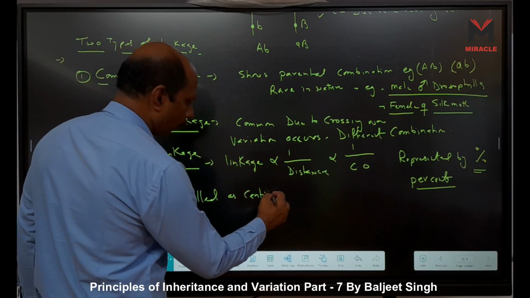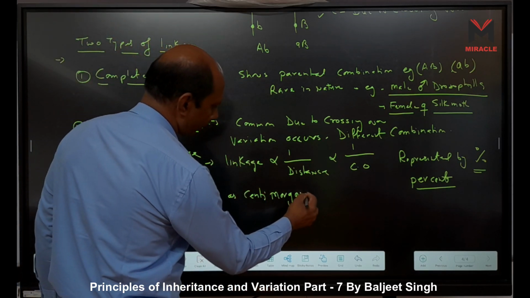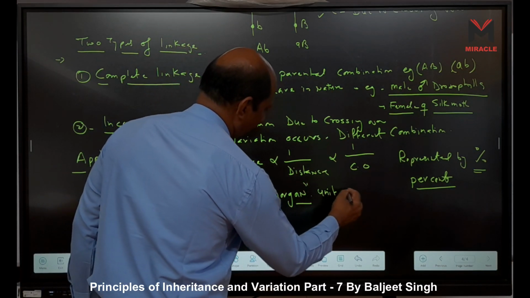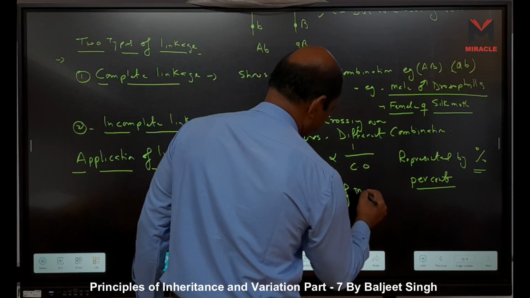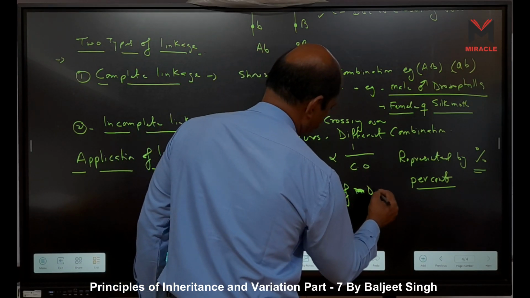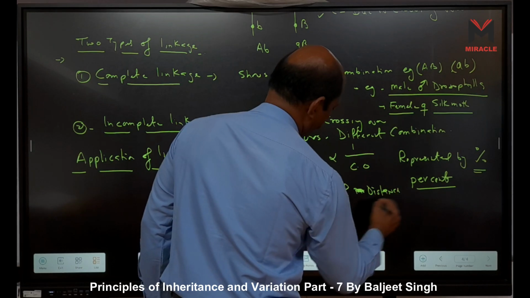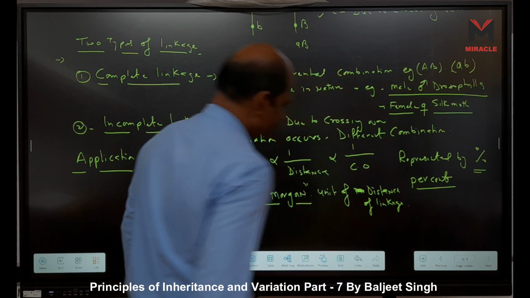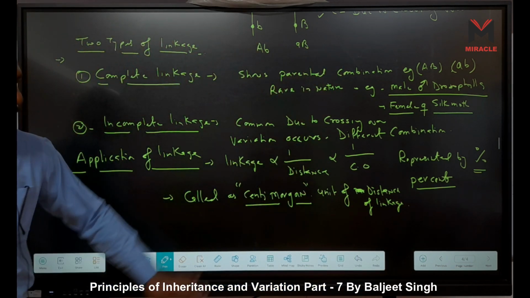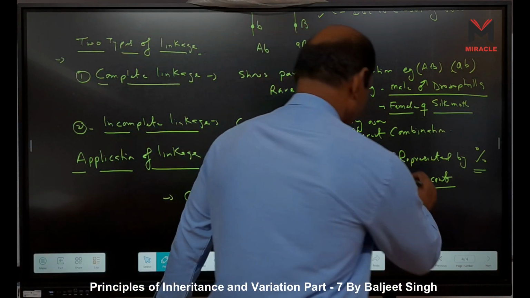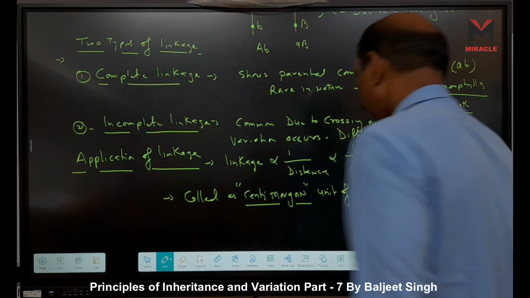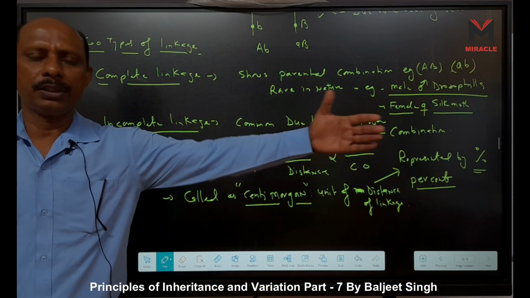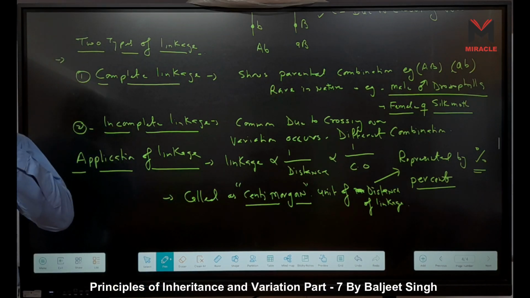That is centimorgan. It is the unit of measurement of distance of linked genes, centimorgan, and it is represented by percent. Do you understand? Suppose I am saying 10%, 10% means 10 distance is there. Do you understand here?